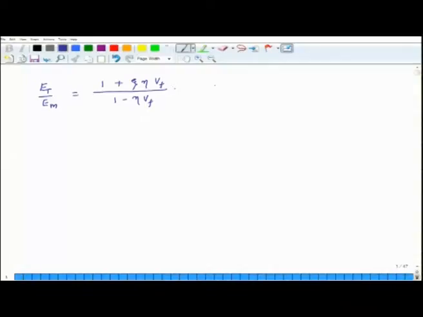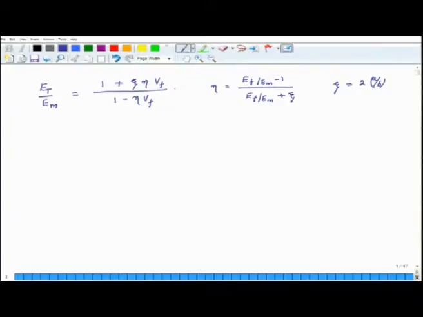Here the parameter eta is defined as E_F over E_M minus 1 divided by E_F over E_M plus zeta, and the parameter zeta is defined as twice A over B, where A and B are the dimensions of the cross section of the fibers used in the system.